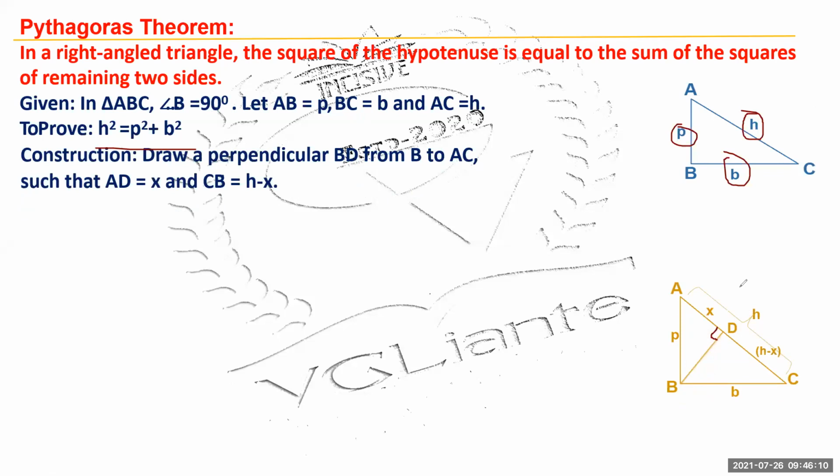If you consider this complete hypotenuse as h, and you have assumed AD to be x, what would be the remaining side CD? Your CD will be h minus x. Is this clear? Here it's not B, it's CD.